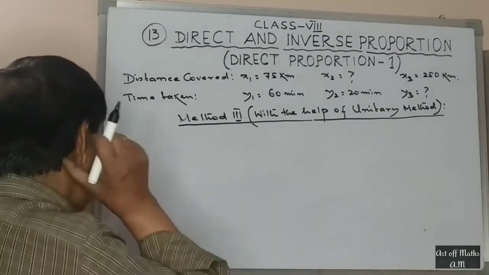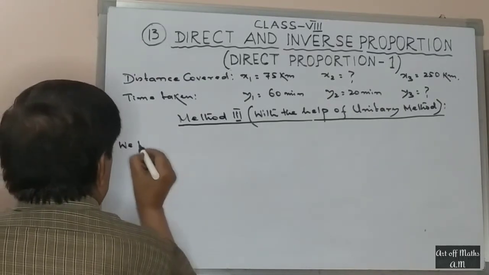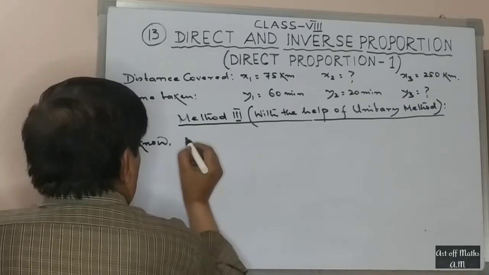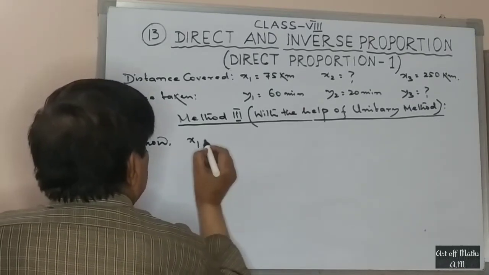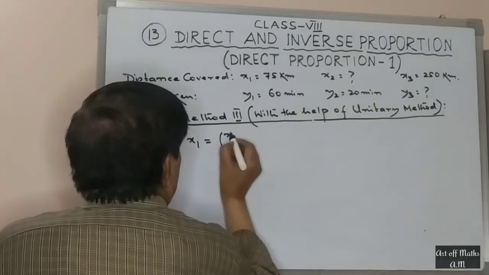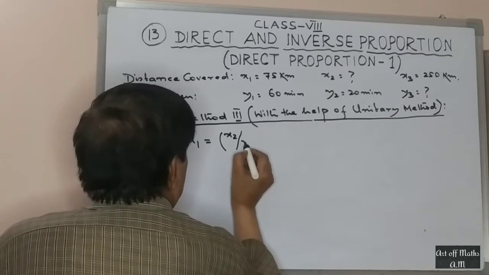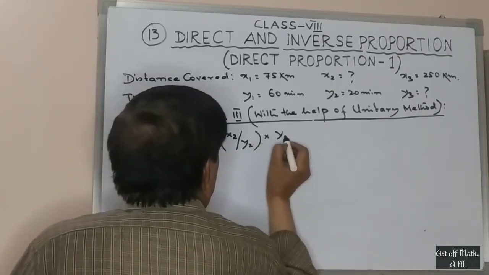Now we know x1 equal to x2 by y2 into y1.